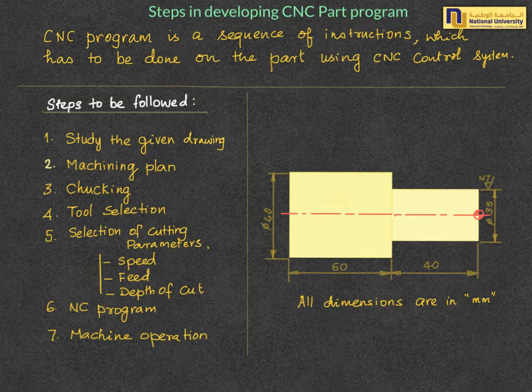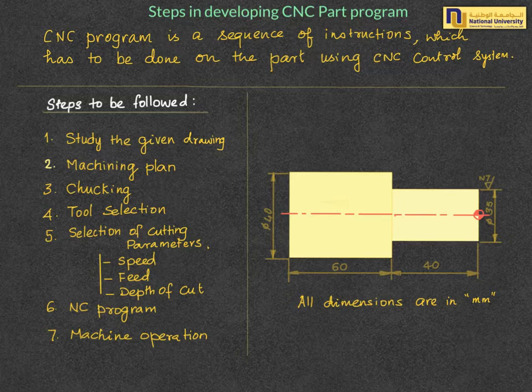There are 7 fundamental steps used to develop a CNC part program. The first and foremost is that the customer drawing or the blueprint is to be studied thoroughly, wherein the shape and dimensions of the given component are studied.